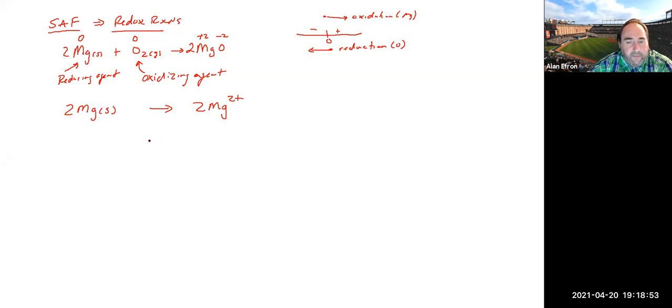And to break it into its half reactions, you're just going to pick the 2 things that are related to each other, the same things on opposite sides of the arrow. O2 would be over here, going to O2 minus here.